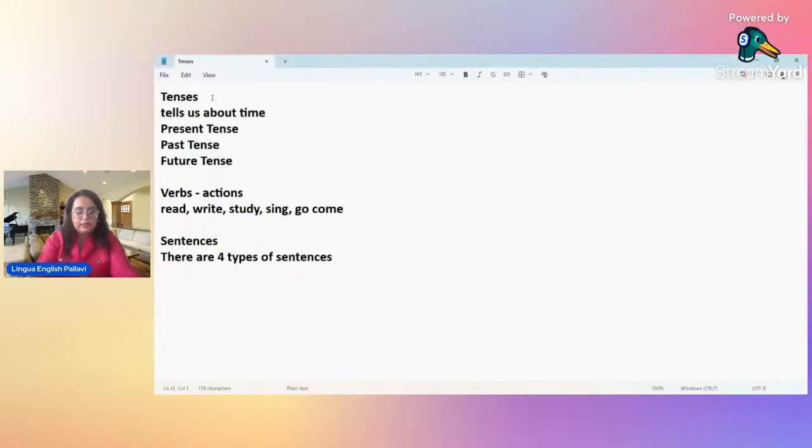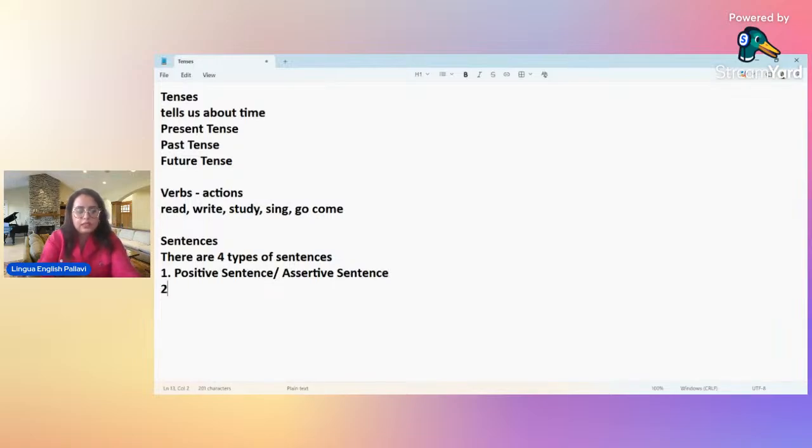So let us see what those four types are. First, the positive sentence. We also call it the assertive sentence. Assertive sentence and positive sentence both mean the same.